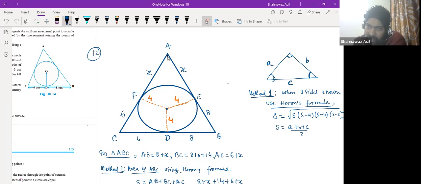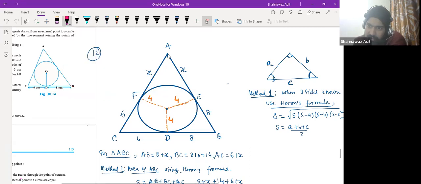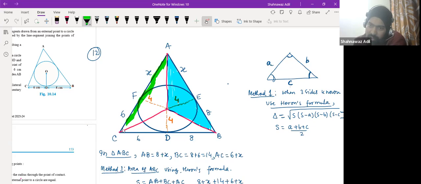Let's say we have this triangle, and then we have this triangle, and then we have this.